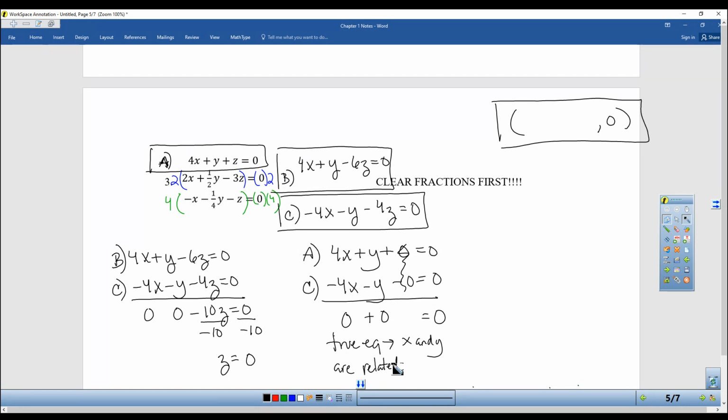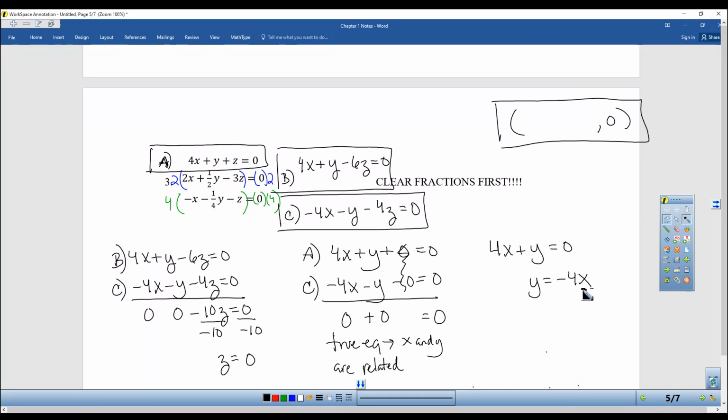So whenever this happens, you go back up to an equation with only two variables and you get one by itself. Which one are you able to get easiest by itself? The y. So I'm going to write y is equal to negative 4x. I know it was y last time. It's not always y, but that was the easiest for me to get all by itself. So I get y is equal to negative 4x.